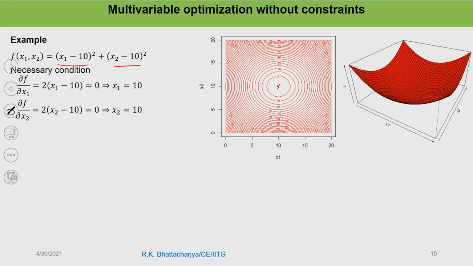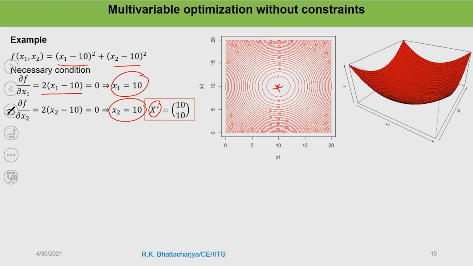If I take the derivative of this function with respect to x1, I will get 2 times (x1 minus 10) equal to 0, and if I solve it I will get x1 equal to 10. Similarly, if I take the derivative with respect to x2, I get x2 equal to 10. Therefore, x star is the stationary point, that is 10 and 10. So, this is the solution of this particular problem.